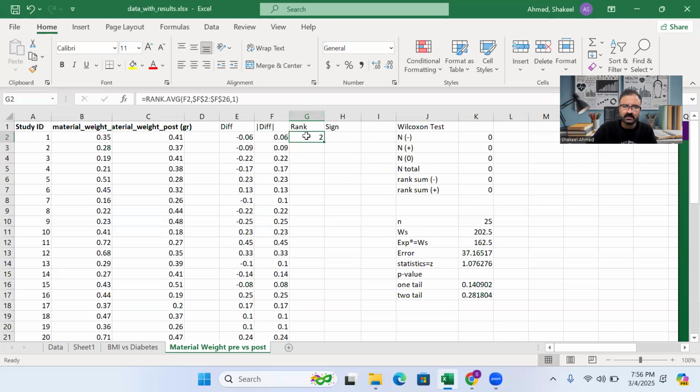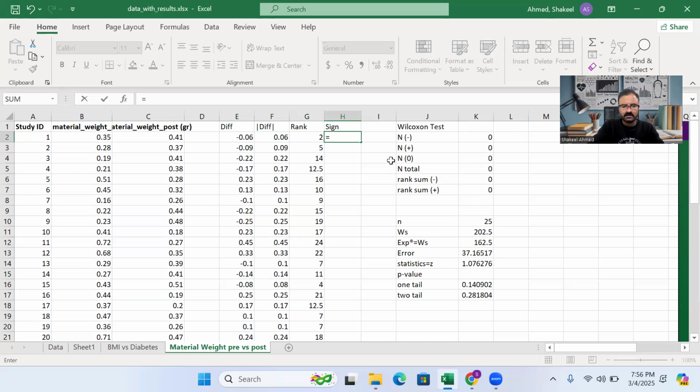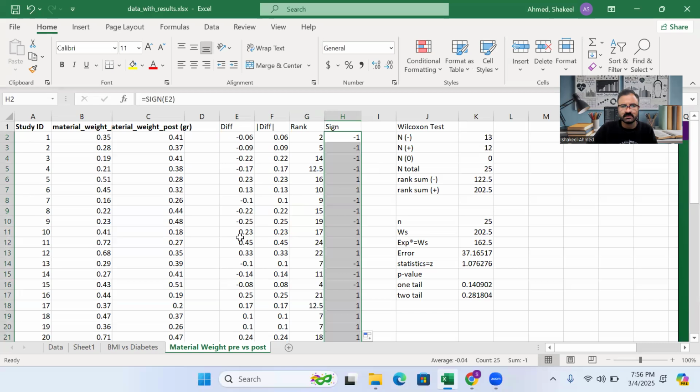So this is the rank for first observation, and you can get the ranks for the rest of the observations. And then sign rank. You just give the sign of these differences. You are basically again categorizing the ranks in negative and positive based on these values.